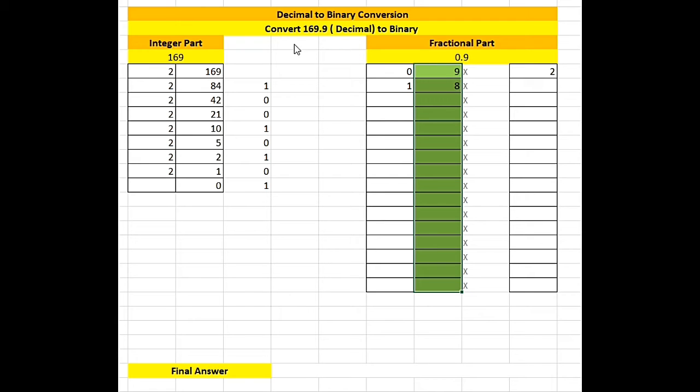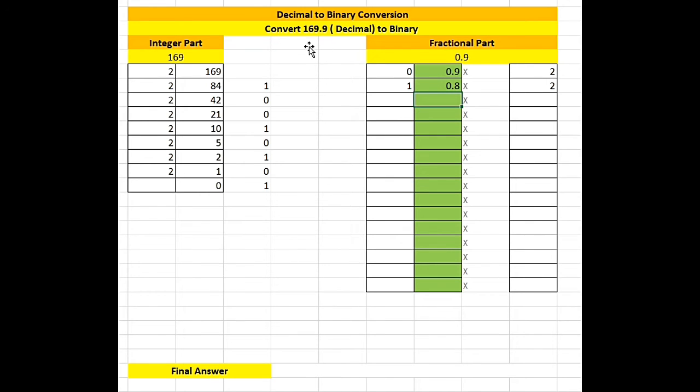Now this 0.8 multiplied by 2 gives us a value of 1.6. We can write it in this manner as well, which I think is more understandable: this is 0.9, this is 0.8.